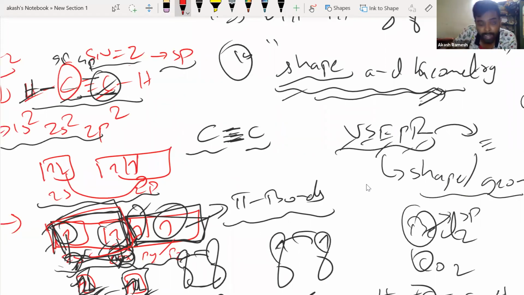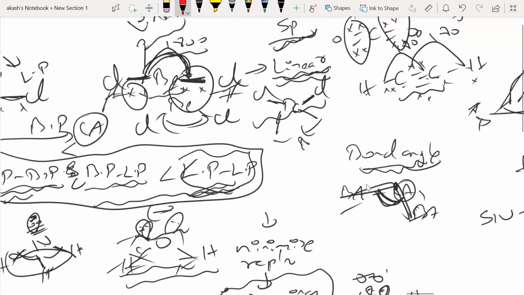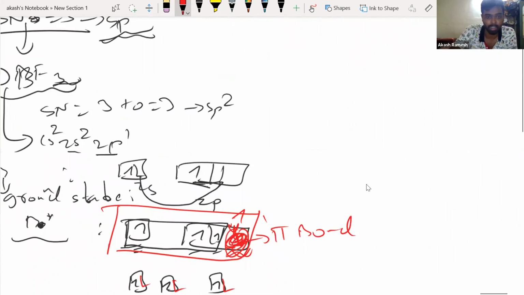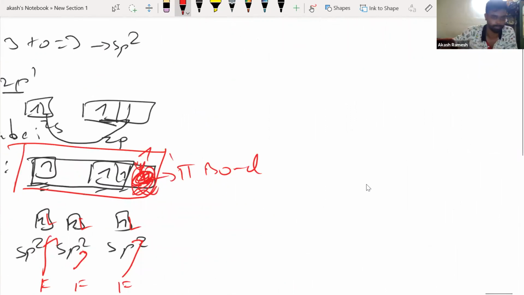That is why beforehand we decide the hybridization by steric number. We decide the hybridization, take the required number and see what is left out, and in that left out part, if you have any unpaired electron, then it forms a pi bond. So in this case, there is no pi bond.